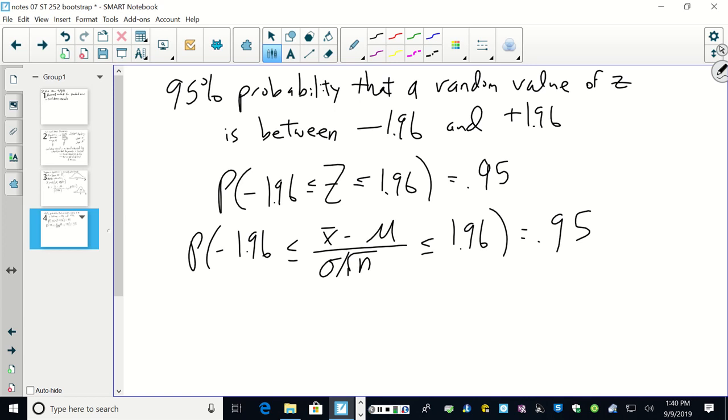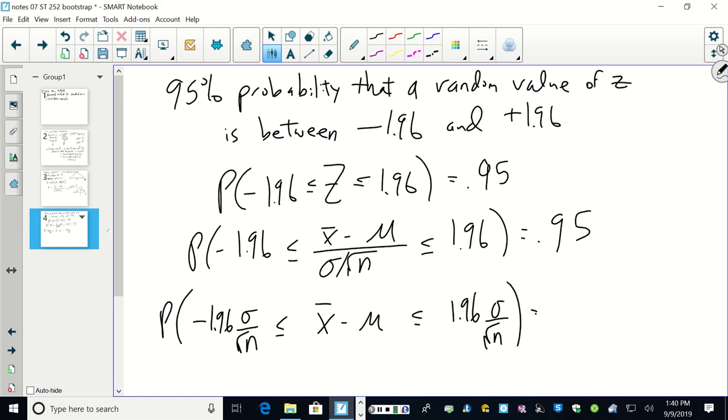And if you multiply everything inside by sigma over square root of n, the inequalities don't change direction. So the probability that negative 1.96 sigma over the square root of n is less than or equal to x bar minus mu, which is less than or equal to 1.96 sigma over square root of n, should also be 95%.